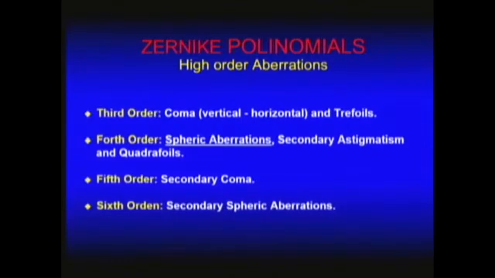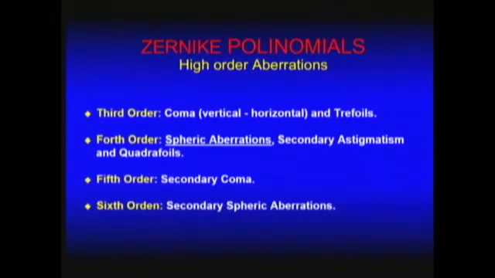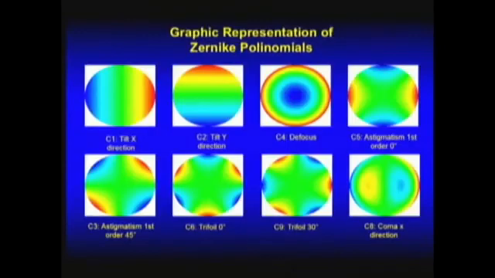So remember these names: third order, coma, which could be vertical and horizontal, and trefoils. Fourth order, spherical aberrations, which is the most important, secondary astigmatism, quadrafoil, secondary coma, etc. As we learn to analyze the topographic maps, we also need to learn about the polynomials' graphic representations.